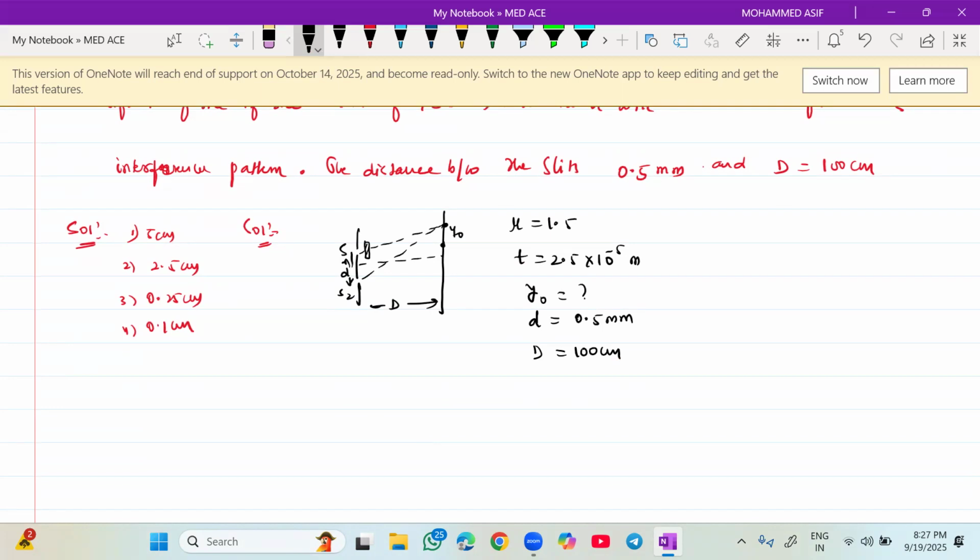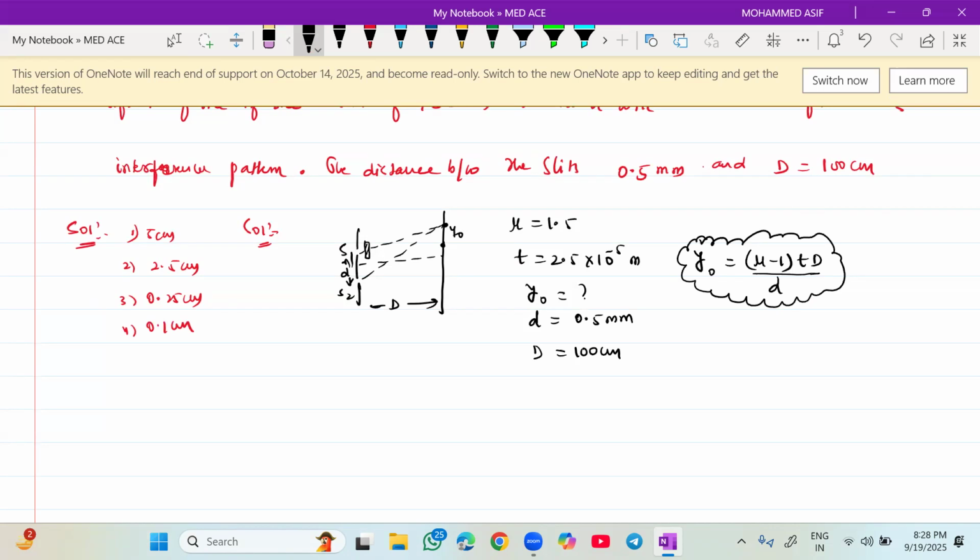Am I clear? Can anyone try? What is the formula we will be using, beta? Y0 will be equal to mu minus 1 into thickness T into capital D divided by small d. This is the formula which I told you. Whenever some sheet is kept in front of one of the slits, the shift in the fringe pattern or the interference pattern is calculated by the formula mu minus 1 into T into D divided by small d.